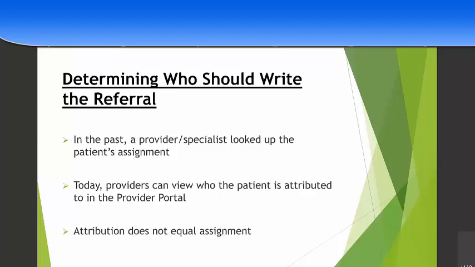In the past, prior to 10-1, a provider looked up the patient's assignment on the web portal. Today, there is not an assignment. What you will see on the web portal is who the recipient has been attributed to. An attribution does not equal assignment, and I'll go into attribution in the next slide.